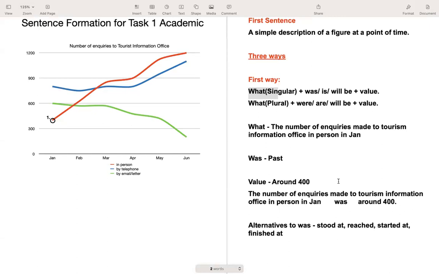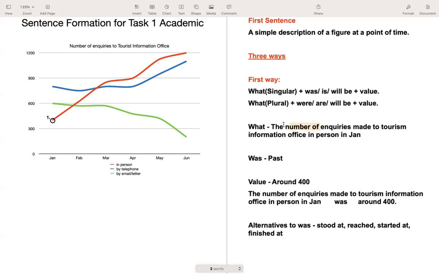There's one thing that ma'am told me to add here. Why is there a was? Because it's the number of inquiries, and there's only one number. If I didn't write the words the number of, it would be were.